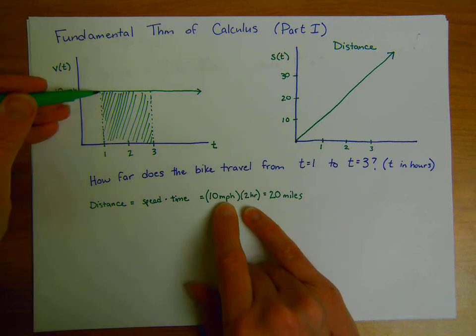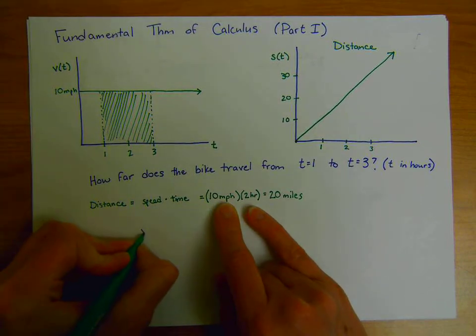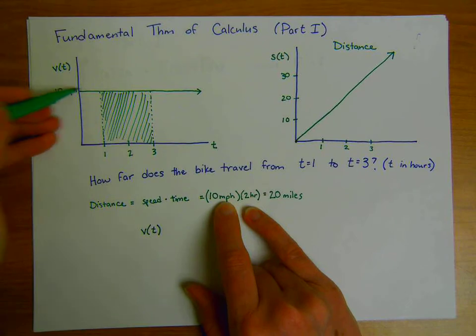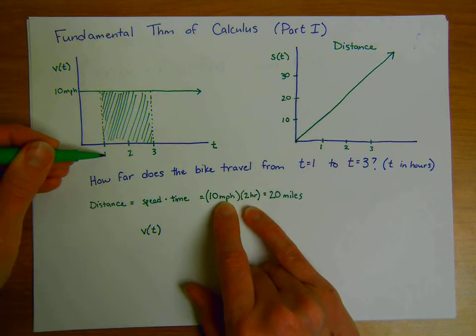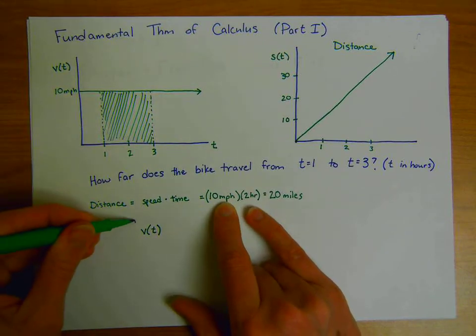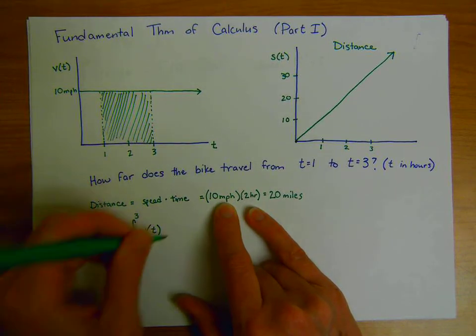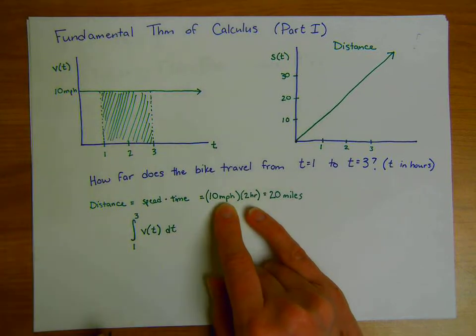And so that means that the height is going to be this function v of t. And I'm going to examine the area under that curve as t ranges from 1 to 3, represented as the definite integral from 1 to 3 of v of t dt.